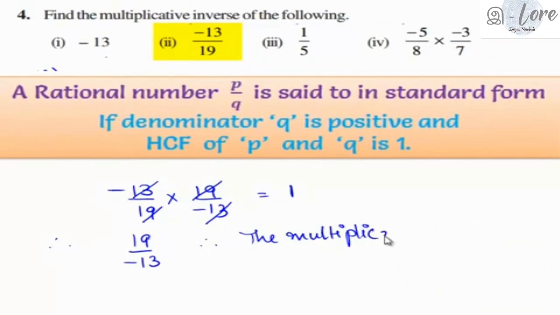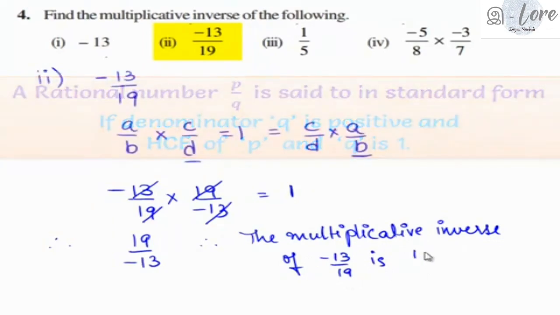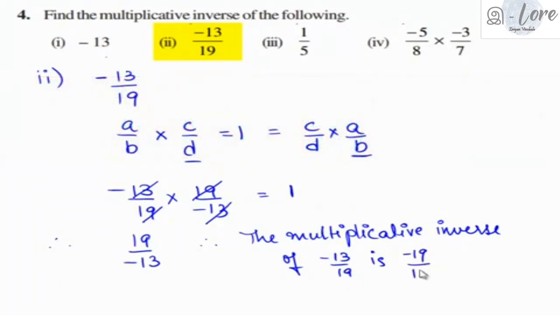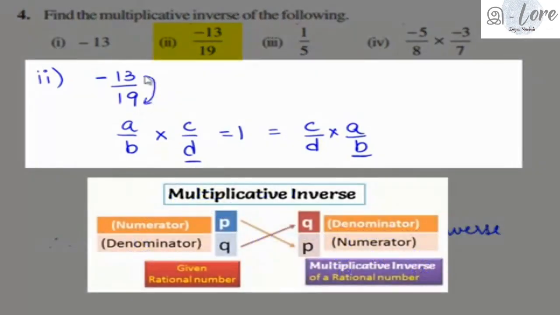So we have to multiply numerator and denominator by minus 1. So the multiplicative inverse is minus 19 by 13. If you observe very clearly, we are just exchanging the numerator and denominator.